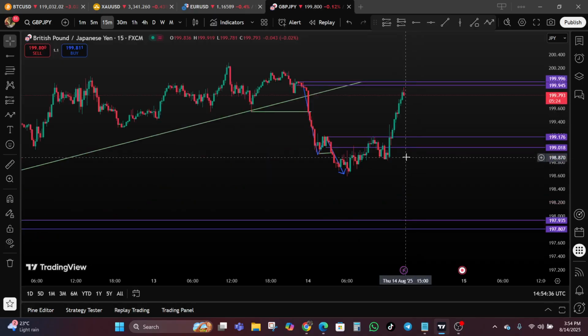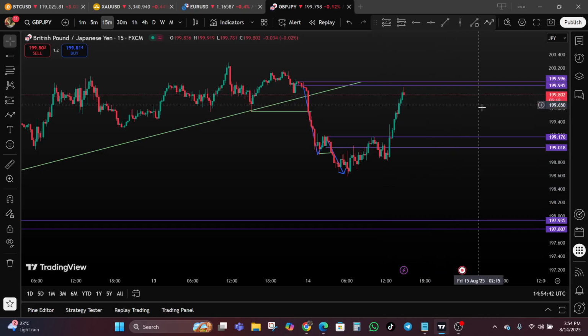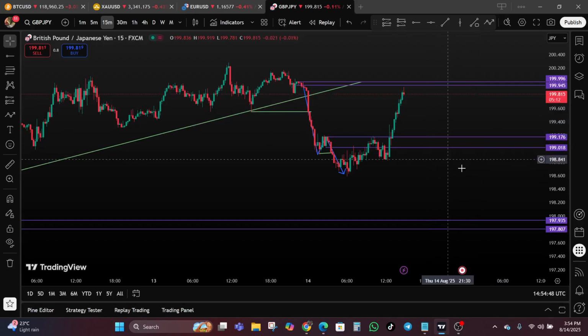Okay, but in a case where we have an order block mitigated and price goes in the direction of our trade, or rather in our expected direction, your take profit target can be around the next liquidity area.